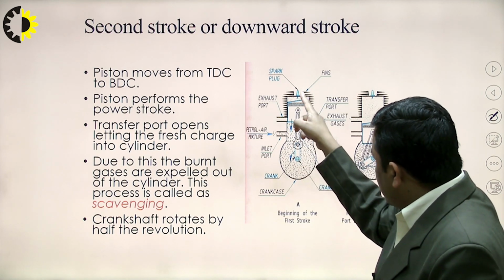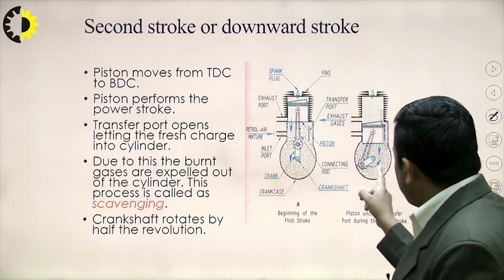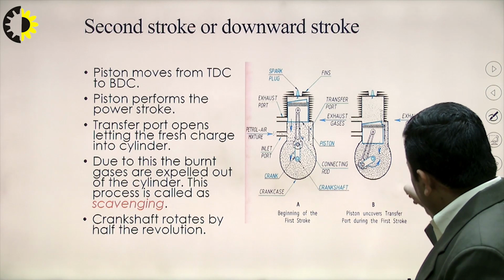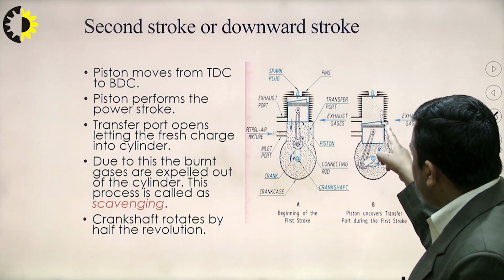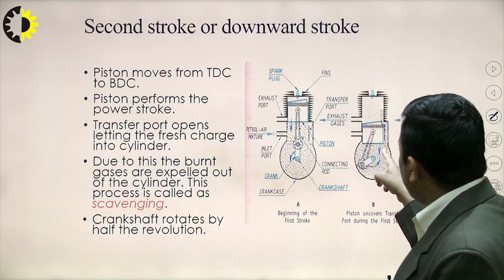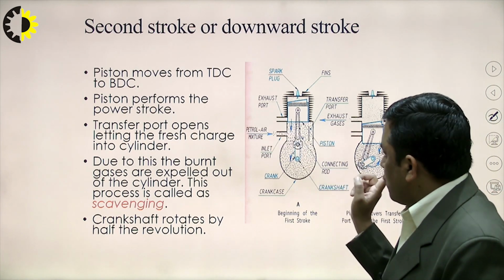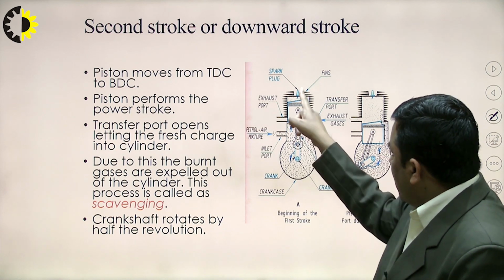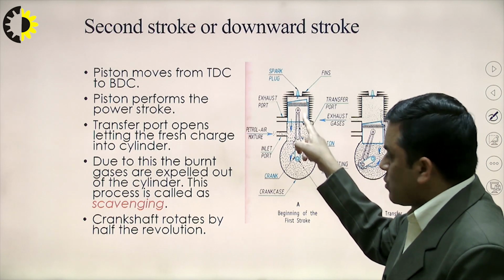When the piston is coming downward, the crankcase is rotating in this direction and it will make the air fuel mixture tend to move towards the transfer port. Here the exhaust port is closed. Now, the expansion of the air fuel mixture will take place.